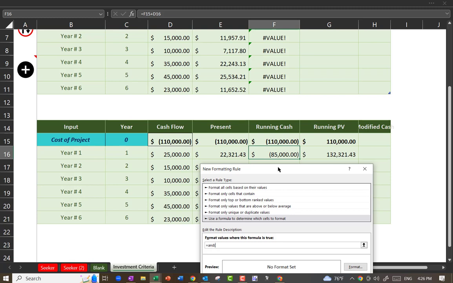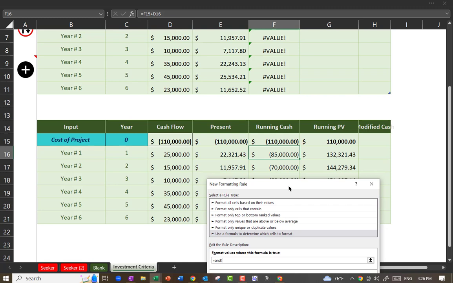Well, AND is, I want this cell, of course, F, let me put it this way. By hitting F4, I made that just F16. I wanted to highlight if it is positive, but only among the positive cells, only when the previous one was negative.